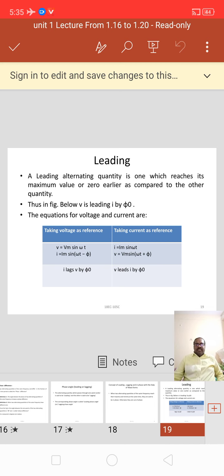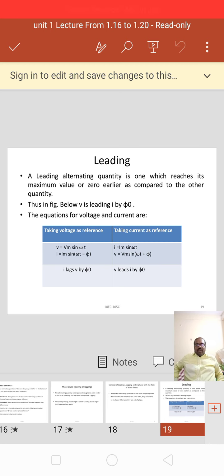The figure shows the leading value, that is V is leading I by phi degrees. The equations for voltage and current are V equal to Vm sin omega t, taking voltage as reference, and I equal to Im sin omega t.